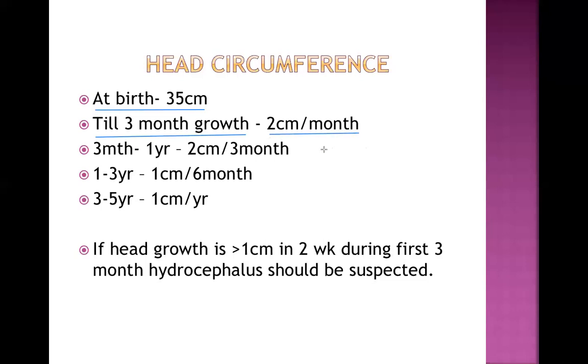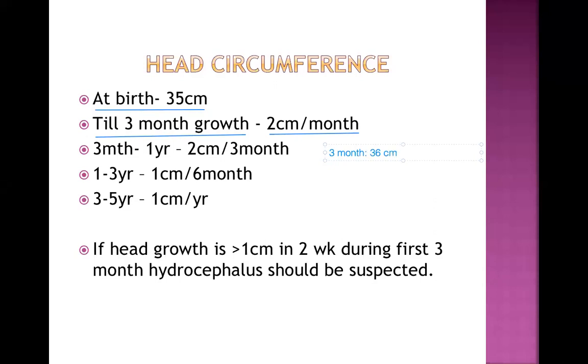Now let's quickly do one exercise here, because this type of exercise is very commonly asked in the exam. So I will give this type of problem to you. This is a 3-month-old child, and I'll give a particular head circumference at the time of birth. Let's say this is 36 centimeter.